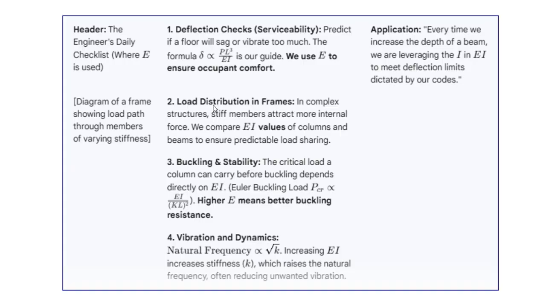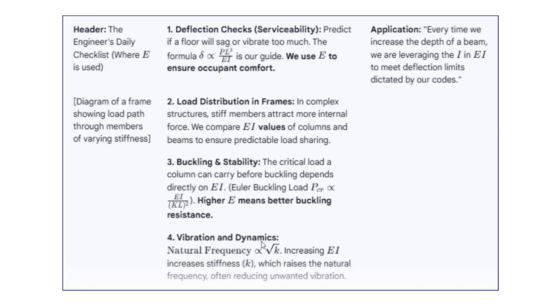Next in application is load distribution in frames. In complex structures, stiff members attract more internal force. We compare EI values of columns and beams to ensure predictable load sharing. The third one, very famous, is buckling and stability. The critical load a column can carry before buckling depends directly on EI. Euler's buckling load P critical is directly proportional to EI by (KL)². Higher E means better buckling resistance, and higher I means better buckling resistance.